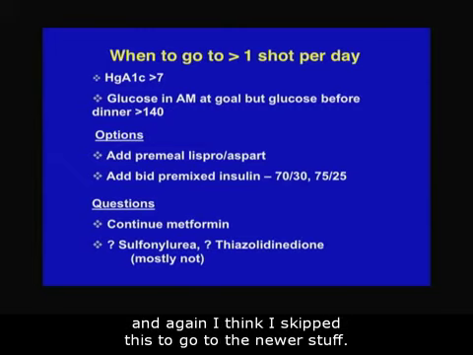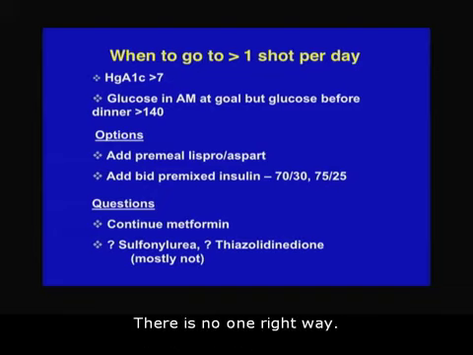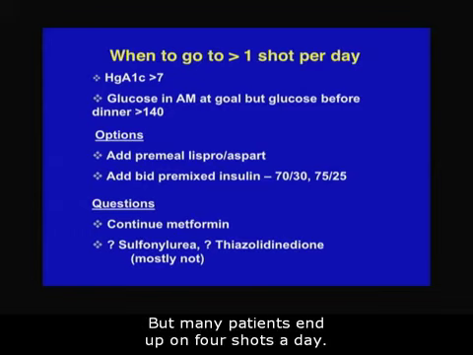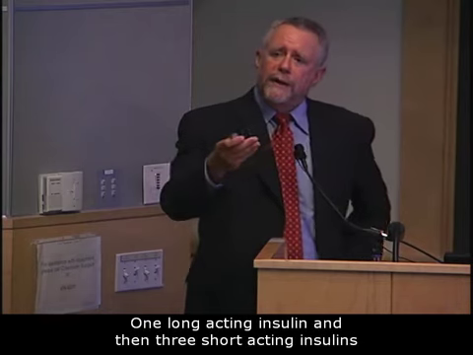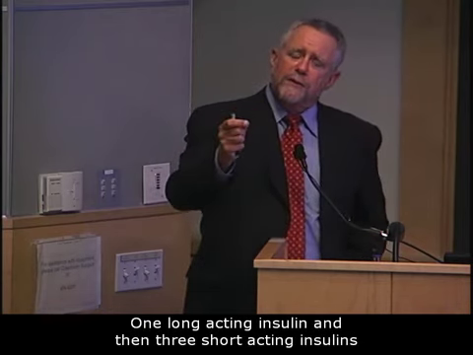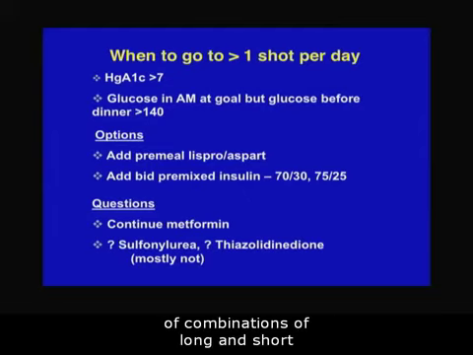And again, I think I'll skip this to go to some of the newer stuff. But there are a variety of regimens and ways to do this. There's no one right way. But many patients end up on 4 shots a day, one long-acting insulin and then three short-acting insulins before each meal. Or you can use some pre-mixed versions of combinations of long and short that also work pretty well.